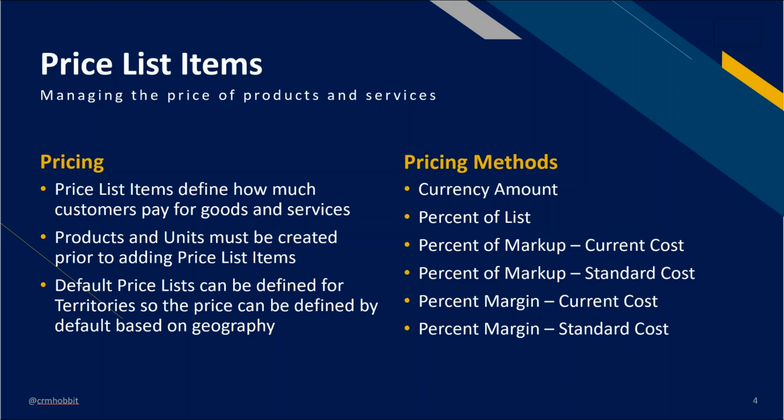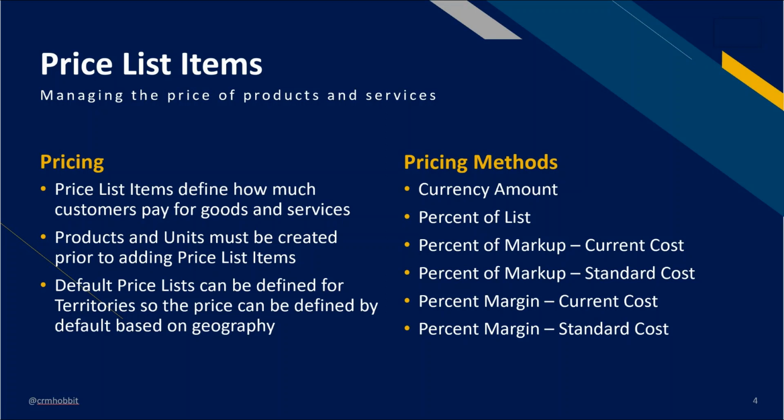So you can have costs entered into your price list items, manually entered in customer engagement, or you could have them imported in through integration to your ERP, such as finance and operations. And you have a concept of current and standard cost. As things change in your company, your costing could change.